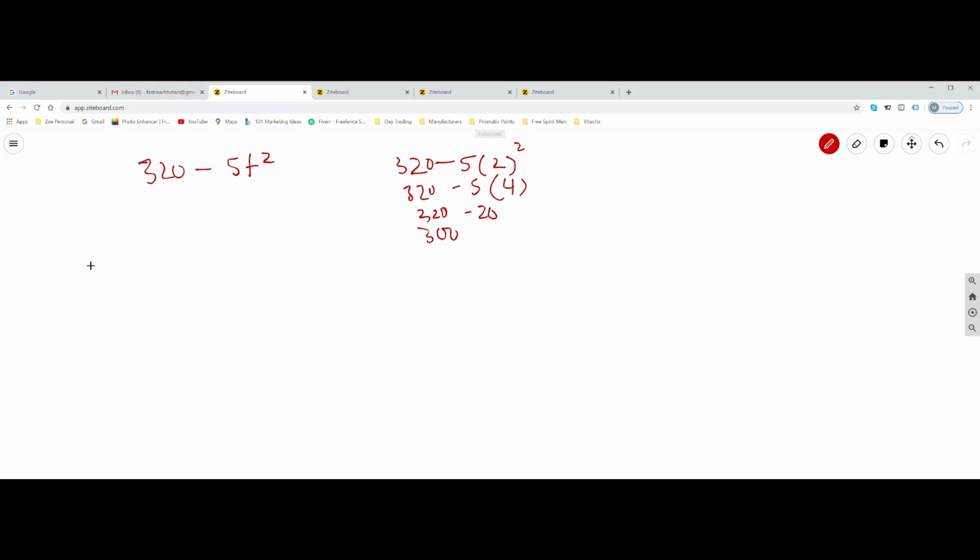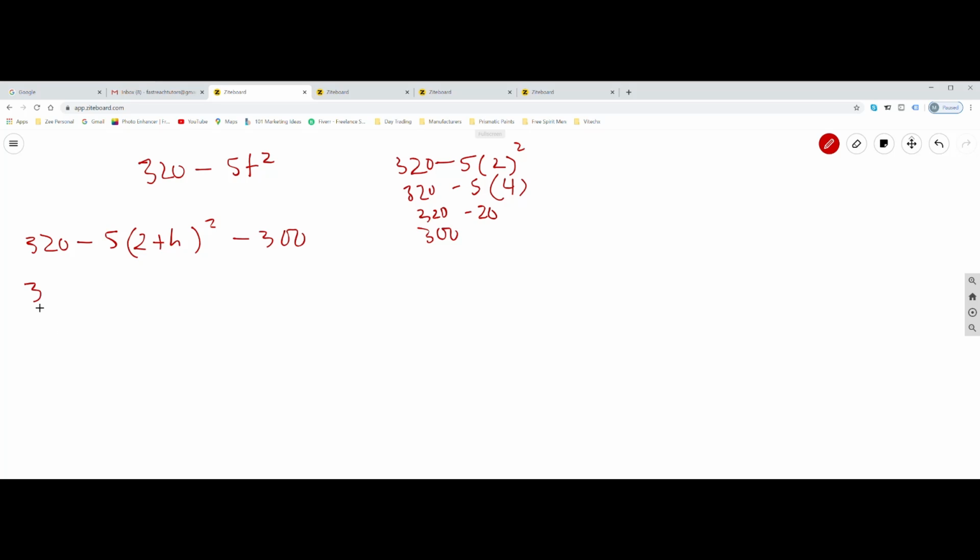So, okay, let's do 320 minus 5, and then the t squared, you're going to substitute the x, which is 2 plus h squared, minus 300.